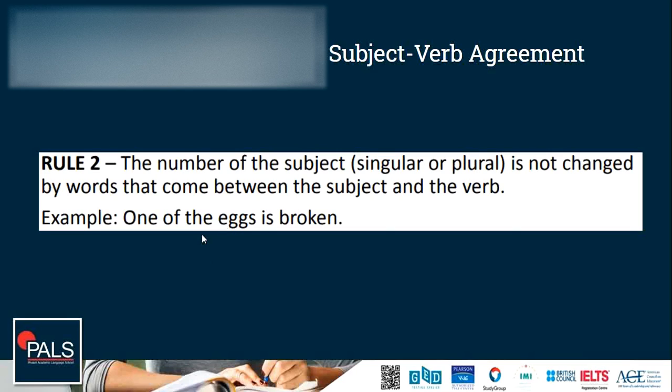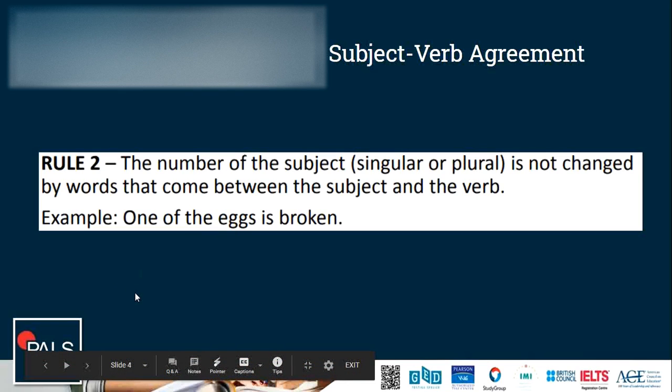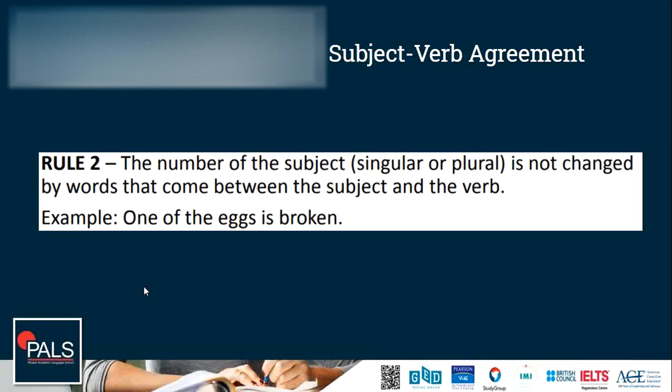So the subject "one" and the verb "is" are both singular. So mentally omit the prepositional phrase to make the subject-verb agreement easier. That's a technique. If you're confused, try to remove the prepositional phrase in between, and you will be able to match them properly.